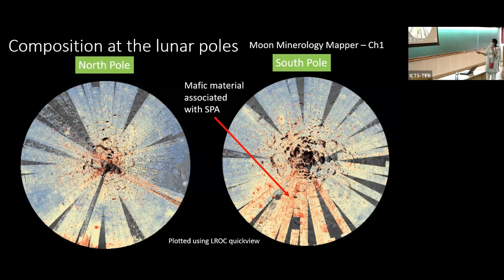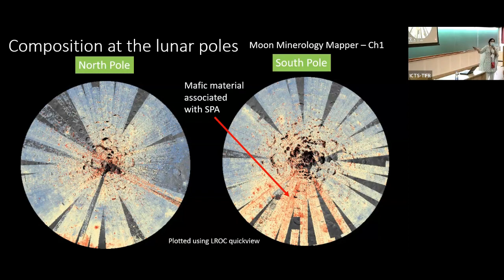You see that this part of the South Pole has more mafic material. If you look at it in a geological context, you understand that there is a big basin on the far side of the moon called the South Pole-Aitken Basin. So most of the material here comes from SPA's impact.